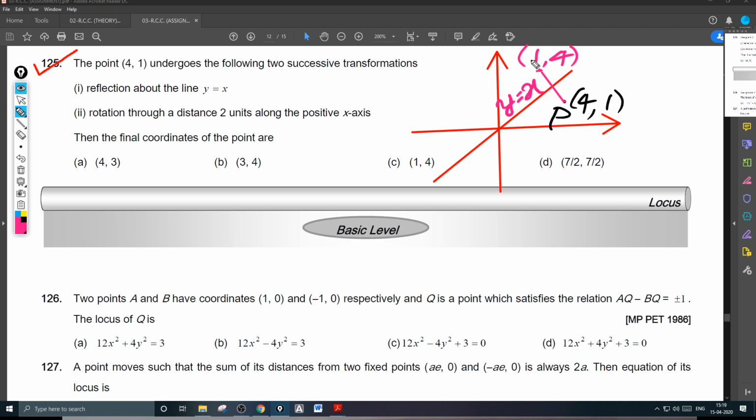If the point is (a, b), when reflected in y is equal to x, (a, b) becomes (b, a). It is always perpendicular because it is a reflection.